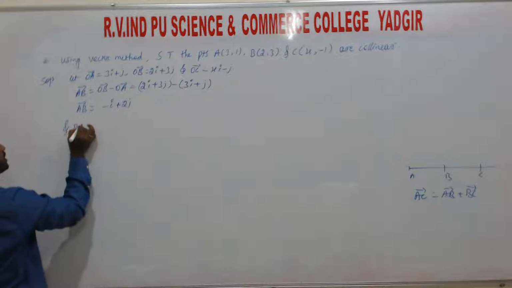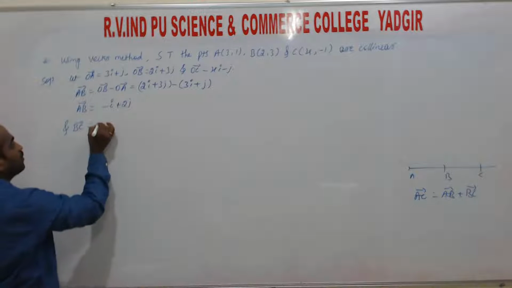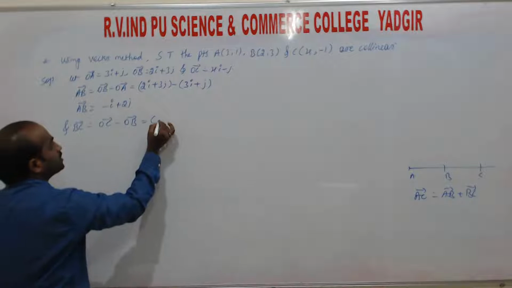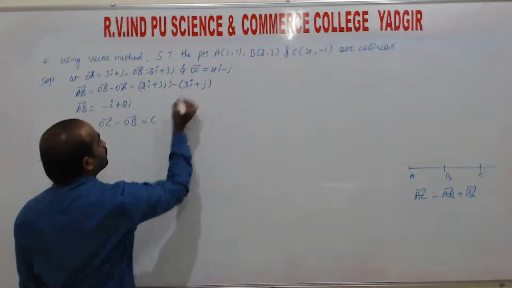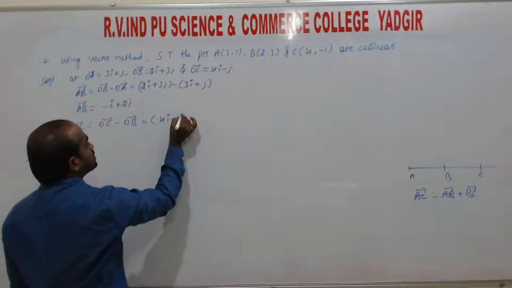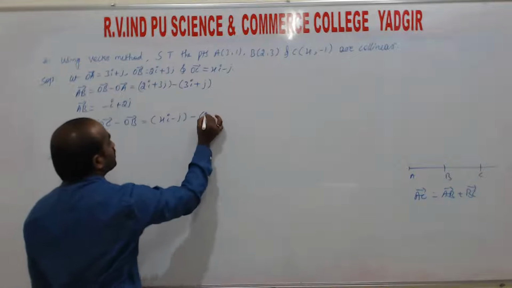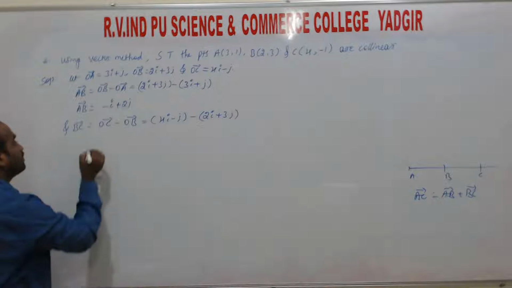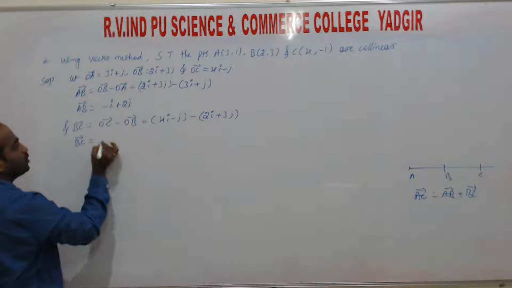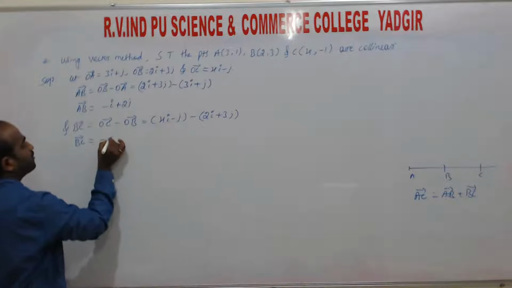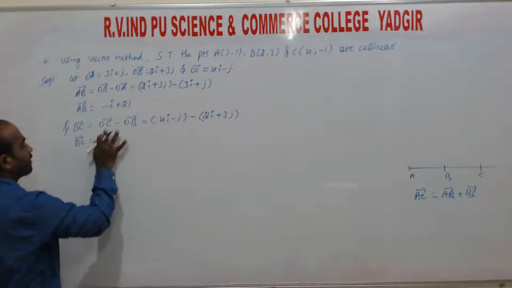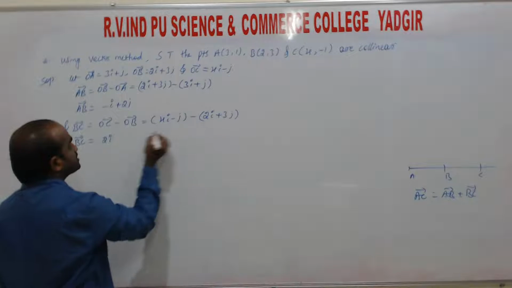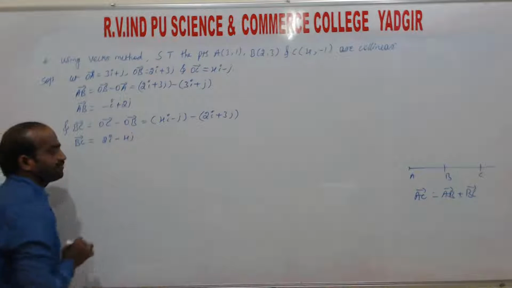And BC vector is OC minus OB. OC is 4i minus j, minus OB vector 2i plus 3j. BC vector is equal to 4i minus 2i, 2i, and minus j minus 3j, minus 4j.